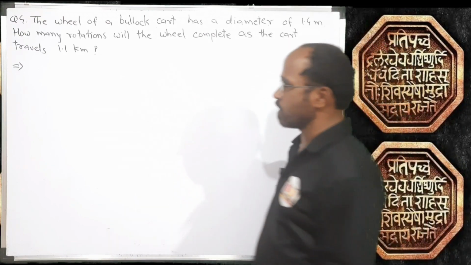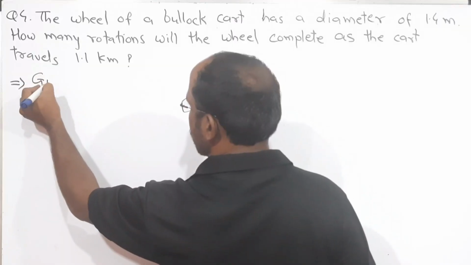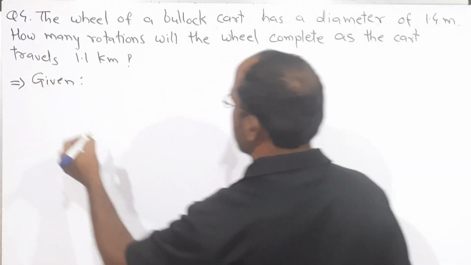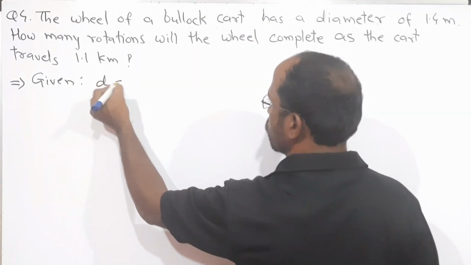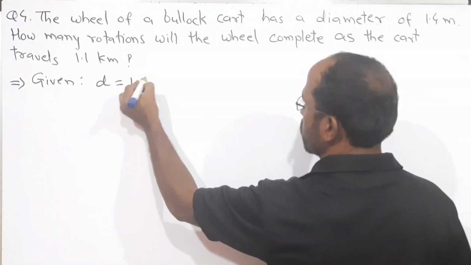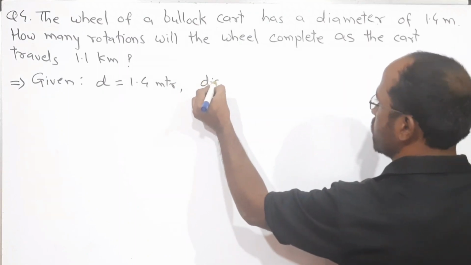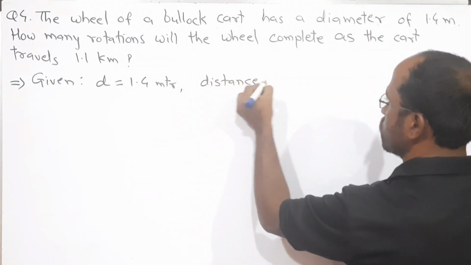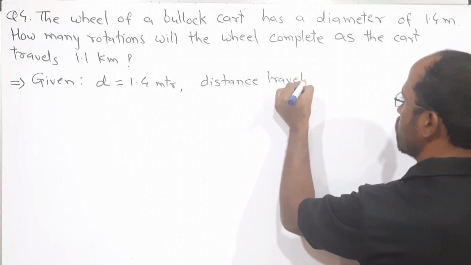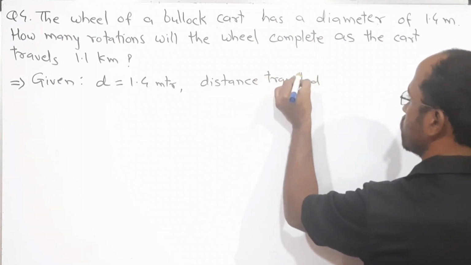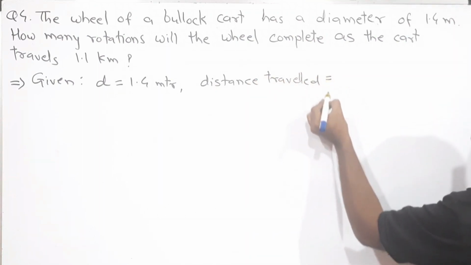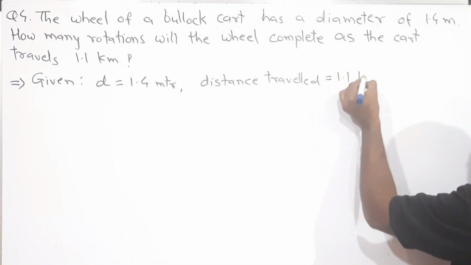So let's first write the given part. Diameter is equal to 1.4 meter and distance traveled is equal to 1.1 kilometer.